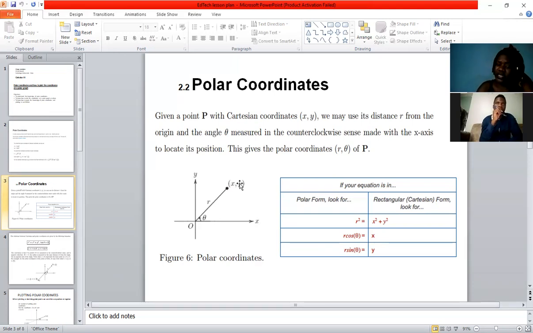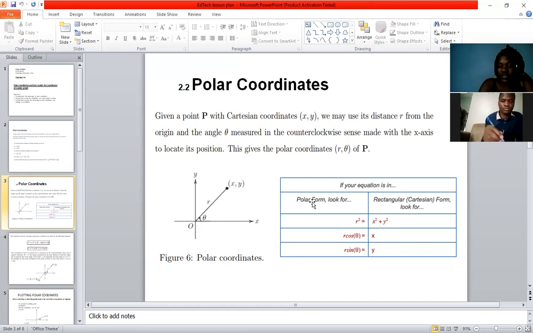Now if x and y are the Cartesian coordinates, the distance from this origin O to where that point x, y is, is the radius, and the theta comes from the x-axis. That's how it is drawn. Have you understood it? Yes, madam.